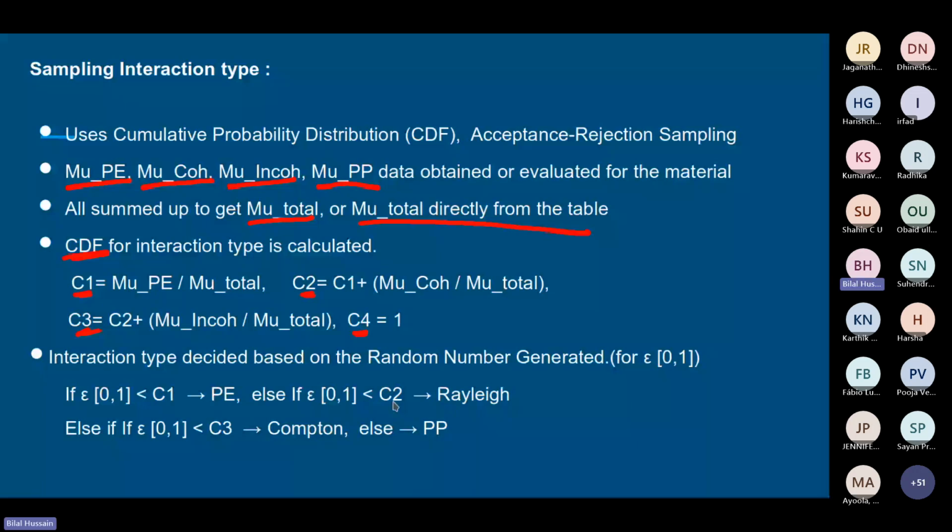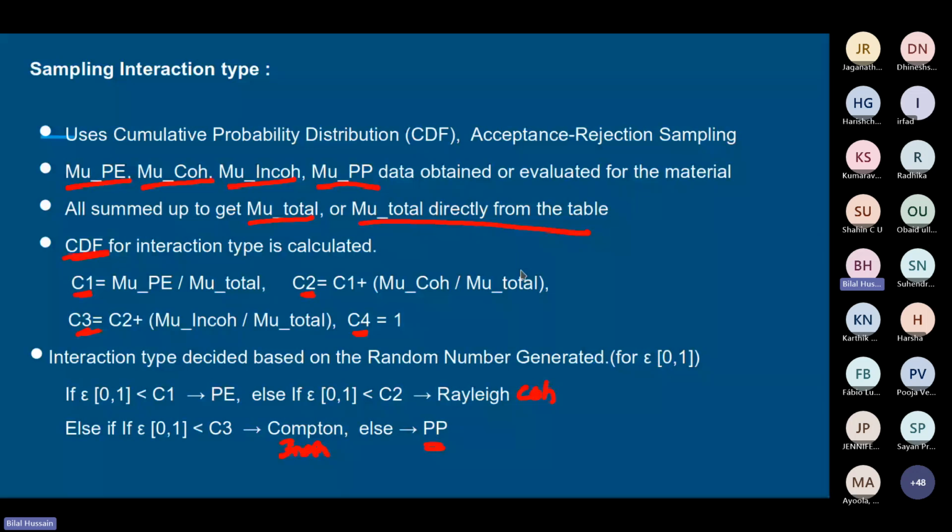If it is less than C3, it's incoherent. Otherwise, none of these conditions are satisfied, so naturally it will be pair production. This is the methodology used in EGSnrc also to get the interaction type.